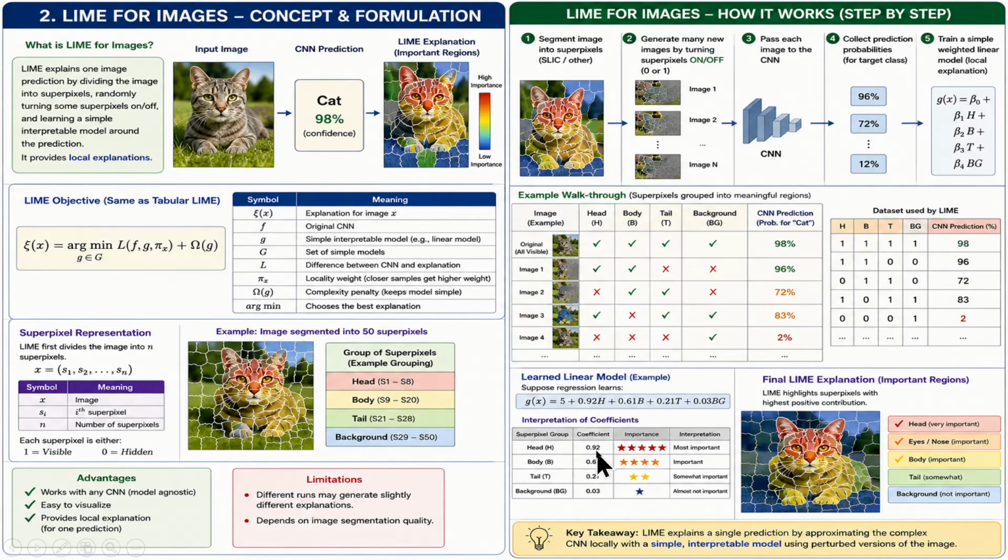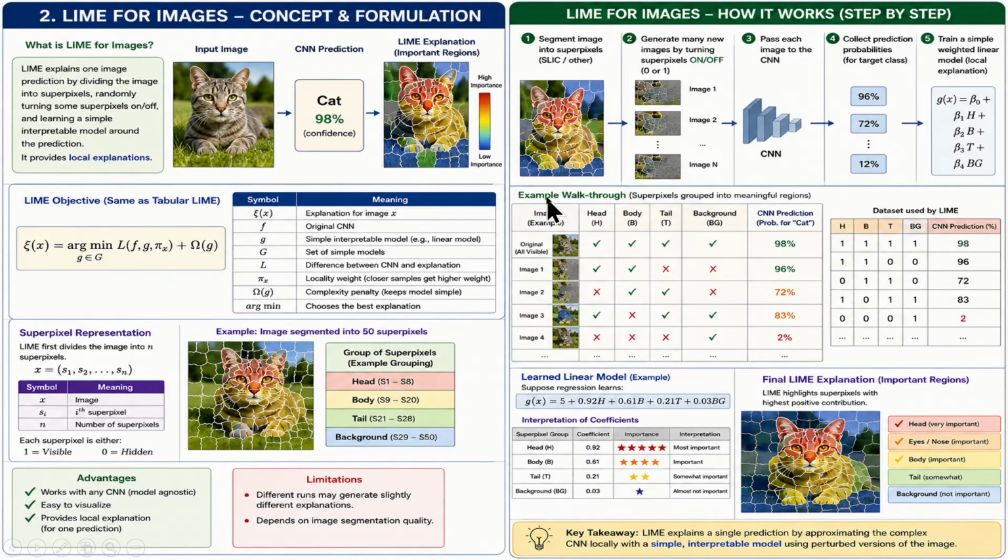If the weight is 0.92, it means it is the most important region in the image for prediction as a class, as a cat. The body region coefficient value is 0.61, so we can classify it as important. The tail is somewhat important, but the background is almost not important. With these coefficient values, we can conclude that the head region is the most important.